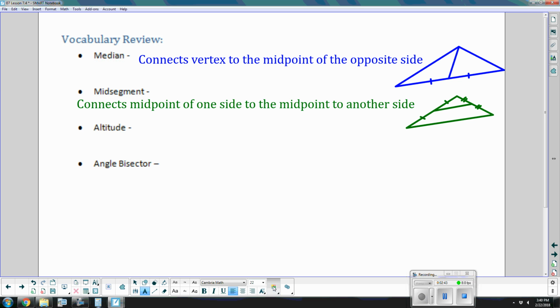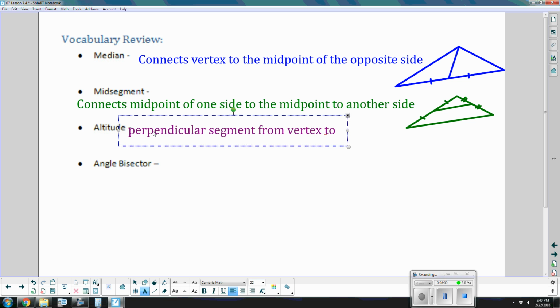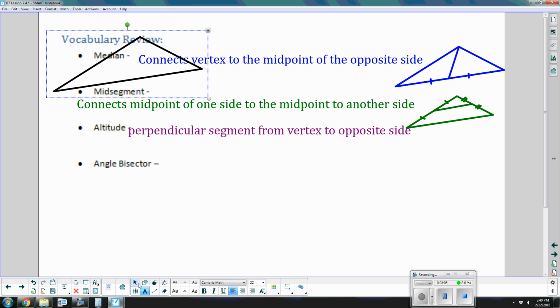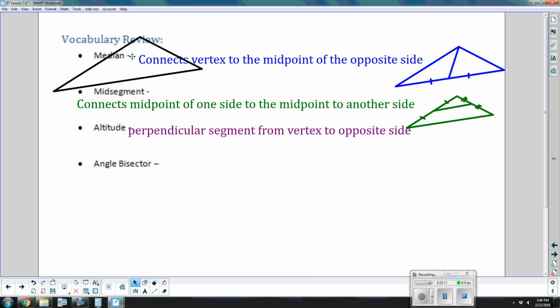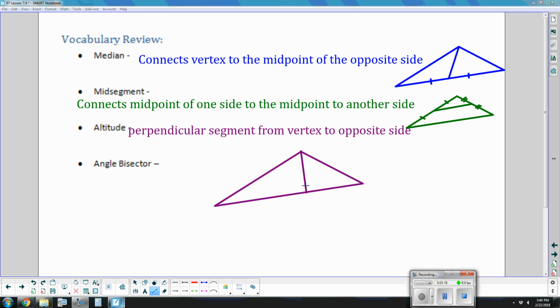Now let's look at the altitude. The altitude of a triangle comes from the vertex and is perpendicular to the opposite side. So if this is our triangle, our altitude would be perpendicular to the opposite side of the vertex.